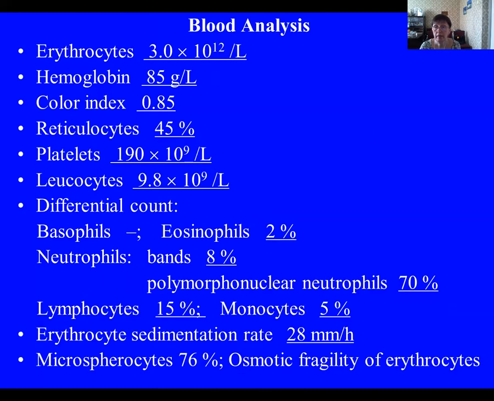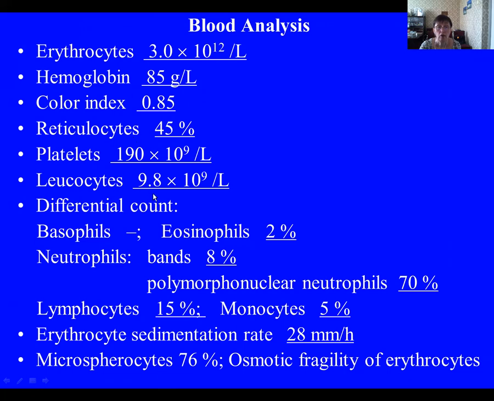And here we see the example of the blood analysis in the hemolytic anemia. Once again, we see a low level of erythrocytes and low hemoglobin. And the color index in this case is normal. Anemia is normochromic. And very specific for such anemia is a very high amount of reticulocytes. The regeneration is very active.